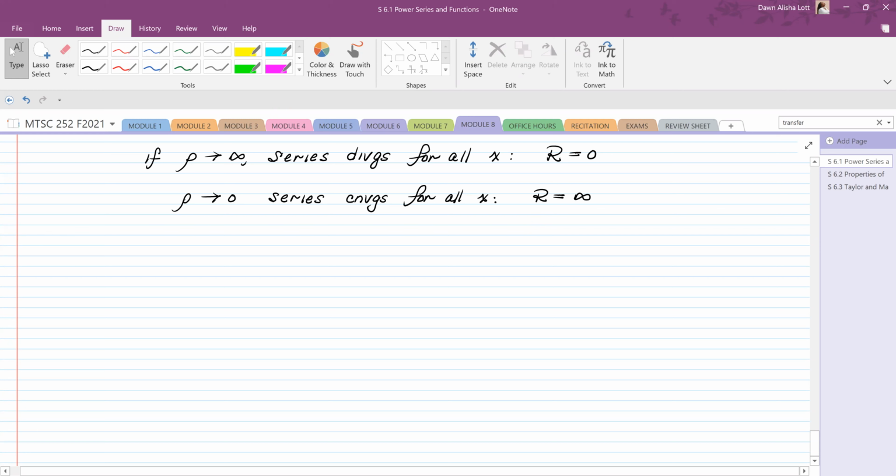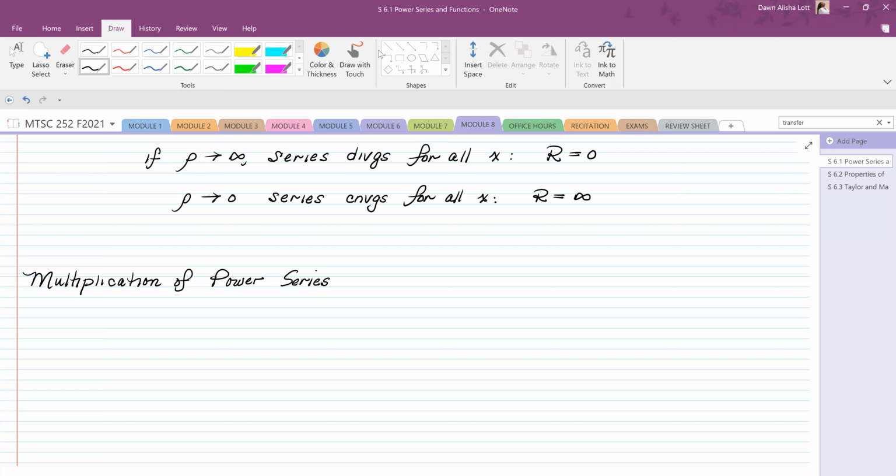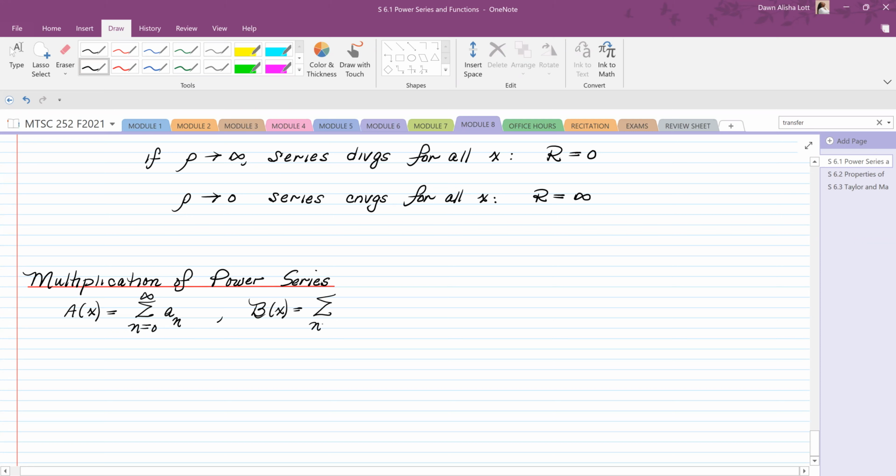Okay, so you have a of x, the summation n equals 0 to infinity of an times (x minus x naught) to the n, or whatever it is, and b of x, the summation n equals 0 to infinity of bn.